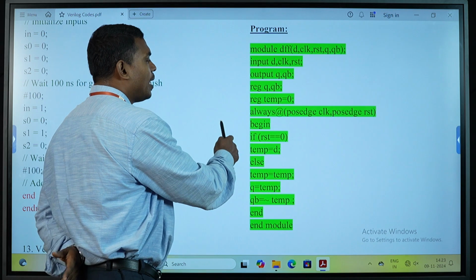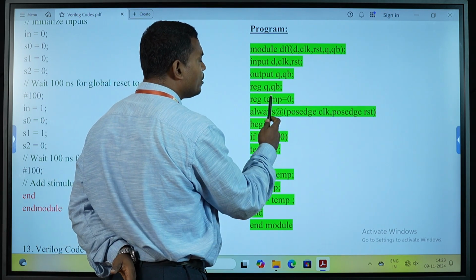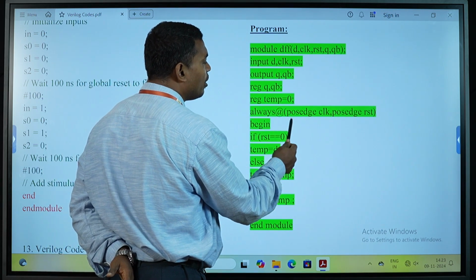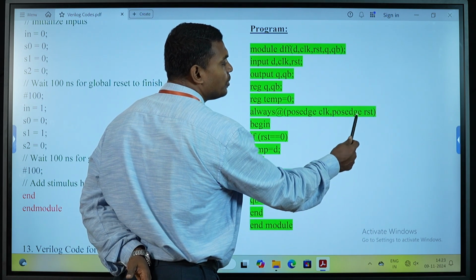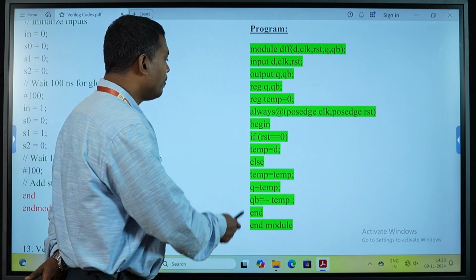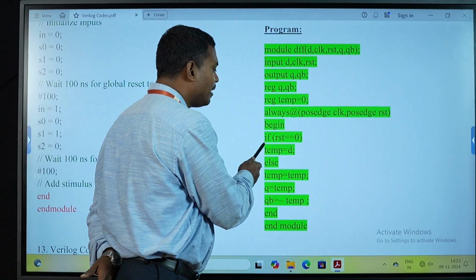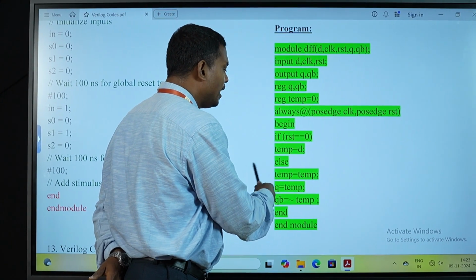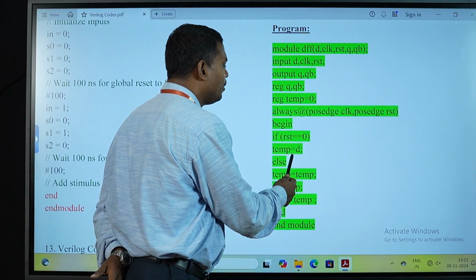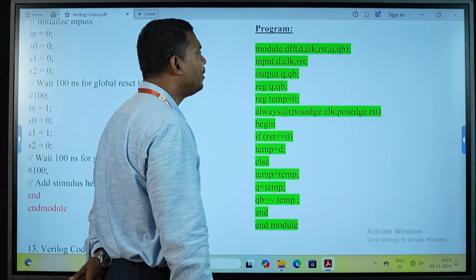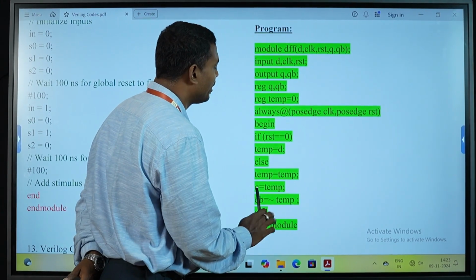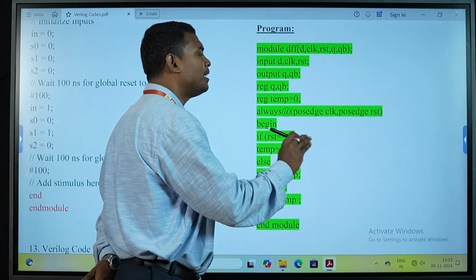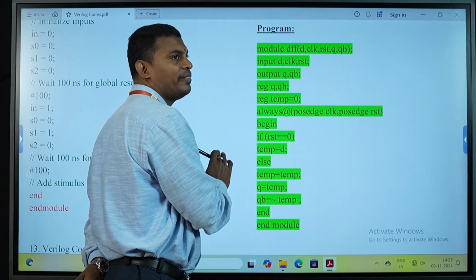And I want to start my operation of the D flip flop with always at positive edge of the clock or positive edge of my reset. Now at begin, I am starting and resetting it to initial position. I am taking my temporary value to be stored with a value D. Temp equal to D means whatever input I am providing needs to be stored in a temporary variable.